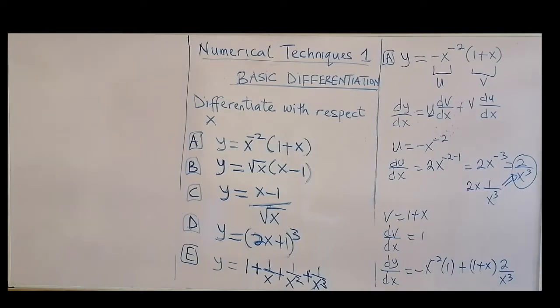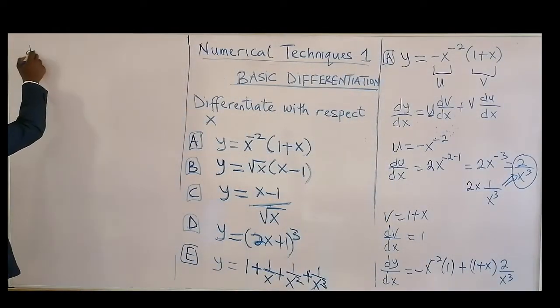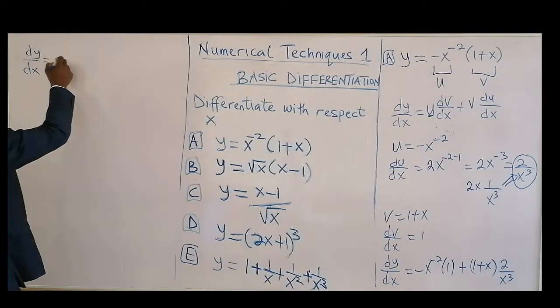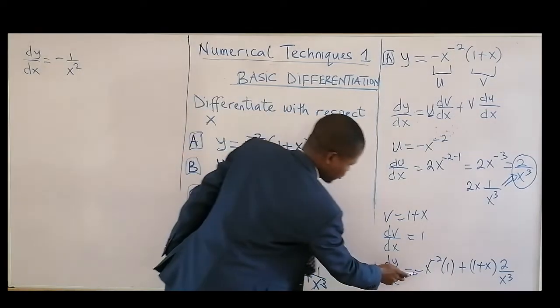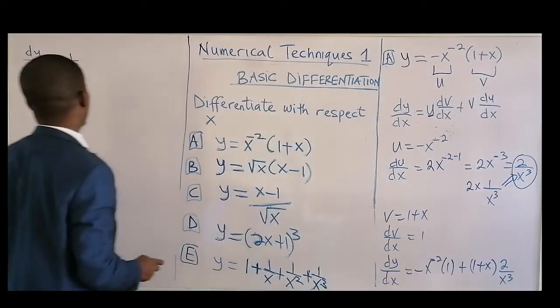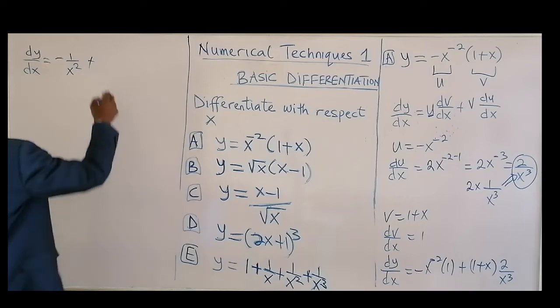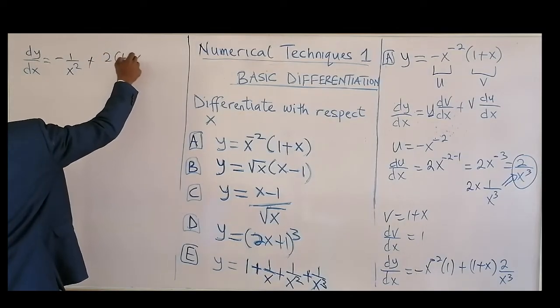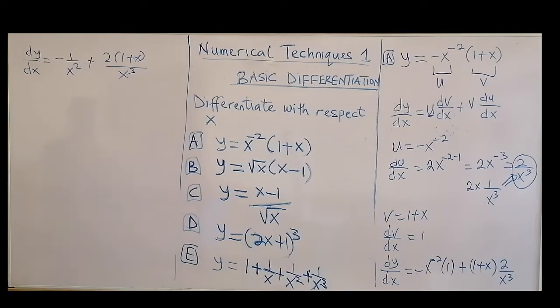We just need to do a little algebra and close that chapter. So dy/dx will now become minus 1 over x to the power 2, then plus 2 into bracket 1 plus x all over x to the power 3. So question 1 is done.